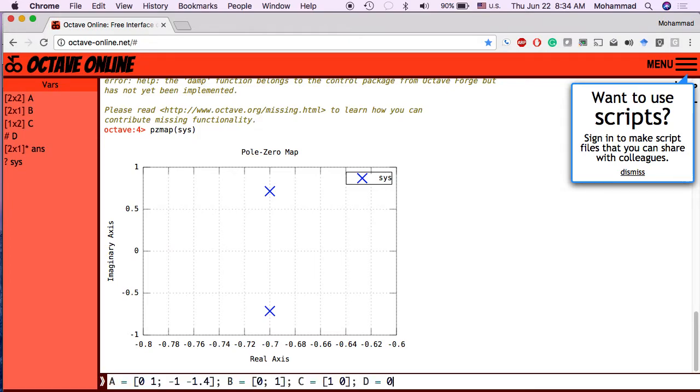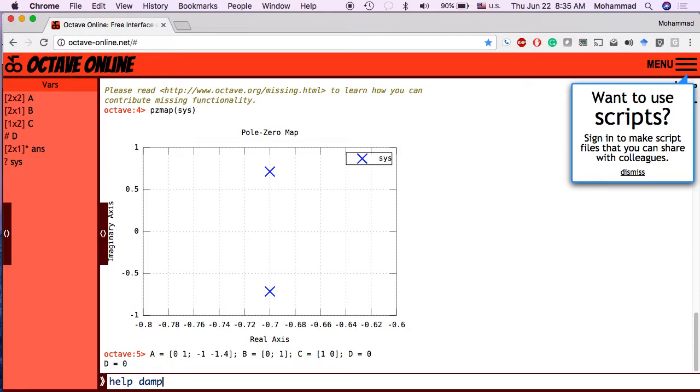So A, B, C, and D. You define A, B, C, and D, and then you create a system with the state space command, ss(A, B, C, D).